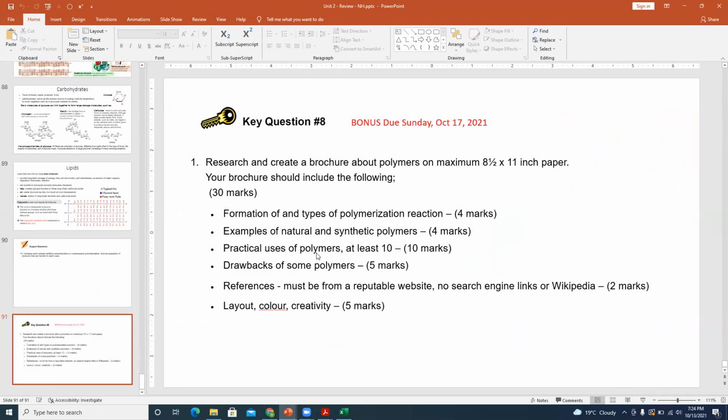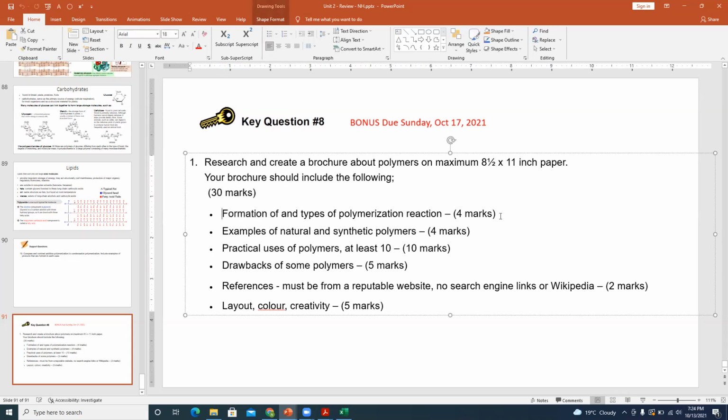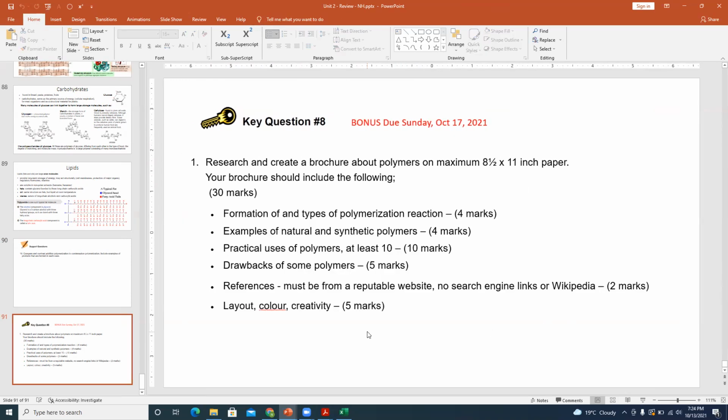So if any of you choose to do this question, you have to create a brochure about polymers. Basically just design it on an 8.5 by 11 inch piece of paper, and it's worth 30 marks. These are the key points that I'm looking for and how many marks each is worth.